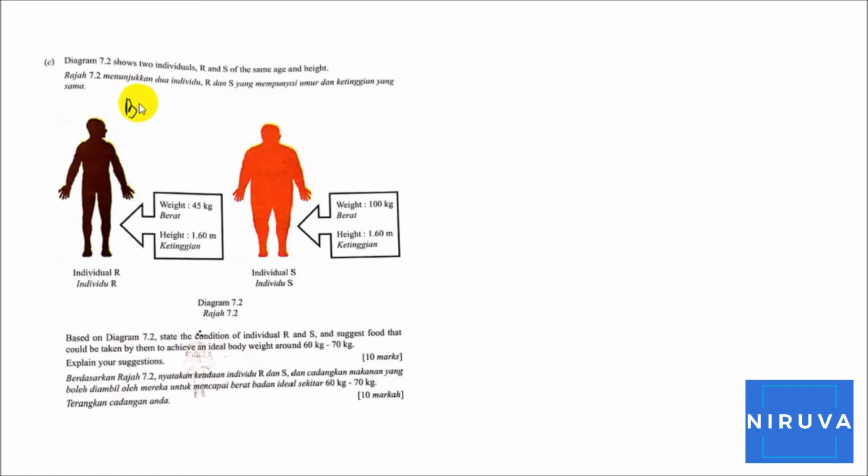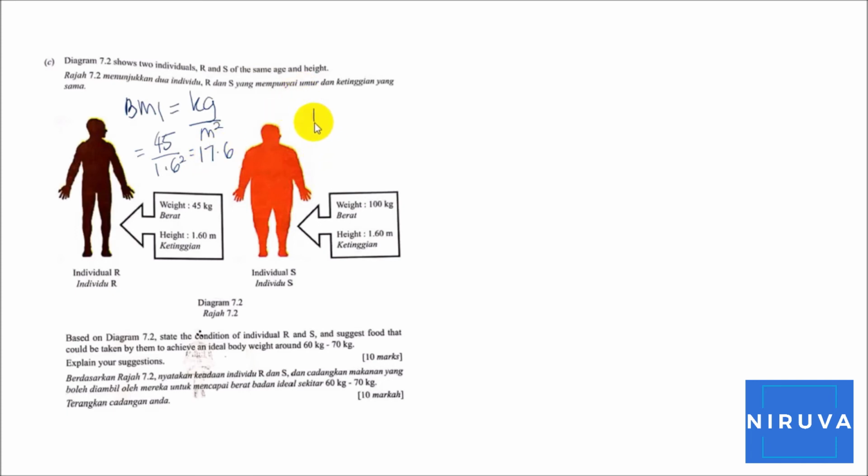So BMI, the formula is weight in kg over height squared. For individual R, we have 45 kg over 1.6 squared and we'll get 17.6.